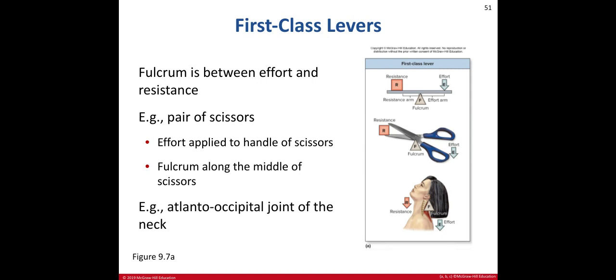But it's what is allowing your head to look upwards or downwards. So this joint has this first class lever in which you are applying the effort, and there is the resistance. Okay.